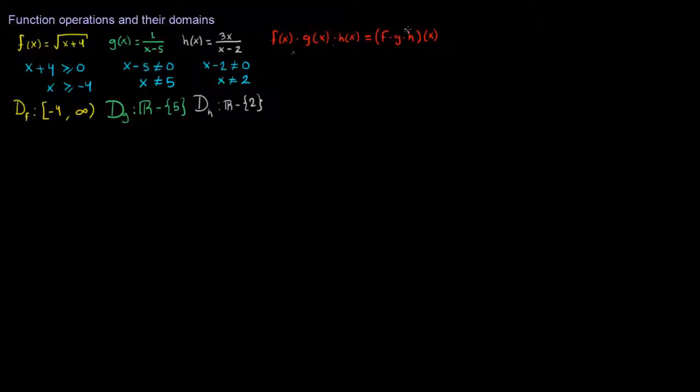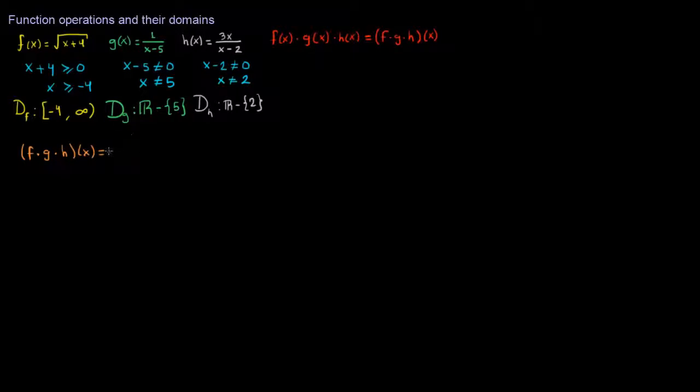Now I'm going to do f times g times h. Once we have the domains of the functions we're going to use in the operation, we can proceed to start. I'm going to write f times g times h of x using the same colors.